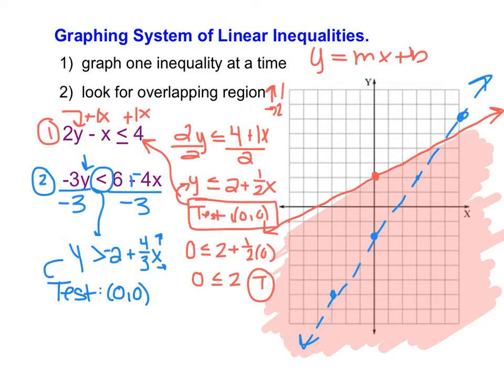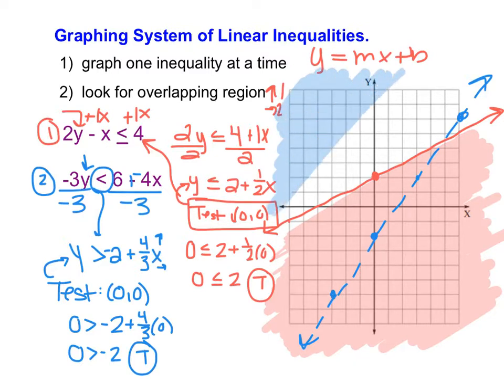So I'm going to substitute it back into this inequality. So here I have 0 is greater than -2 plus 4/3 times 0, which gives me 0 is greater than -2, which is true. So what that's telling me is I want to shade above that line in region 1. So here I'm shading.